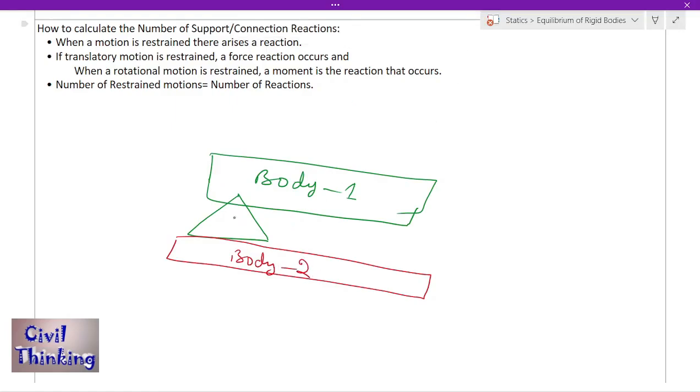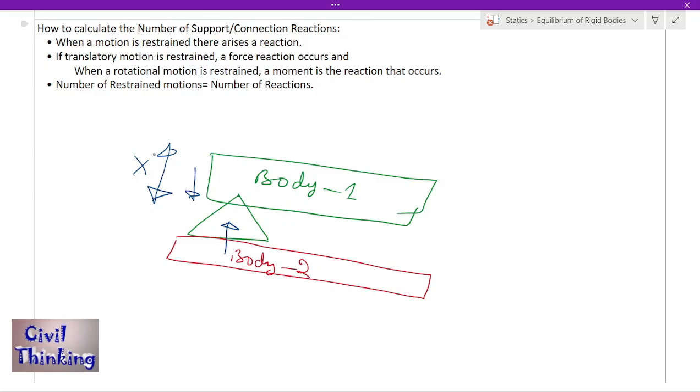Now body 1 cannot move up or down, right? This support prevents the up or down motion. And how is it possible? Because if body one tries to move downwards, body two will exert a reaction upwards, so that body one cannot move downwards.